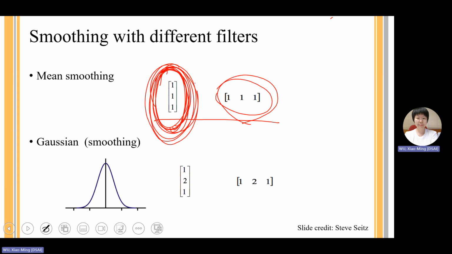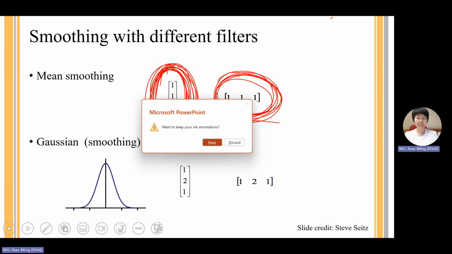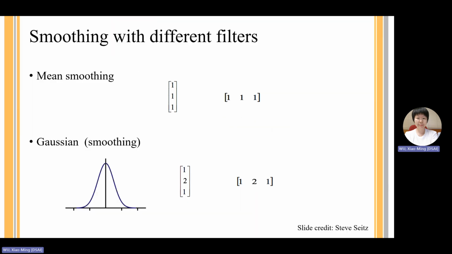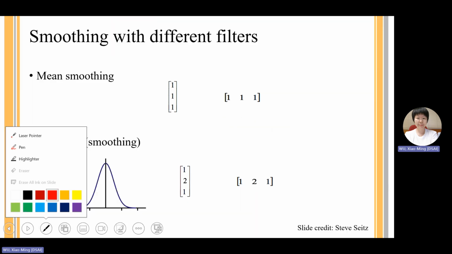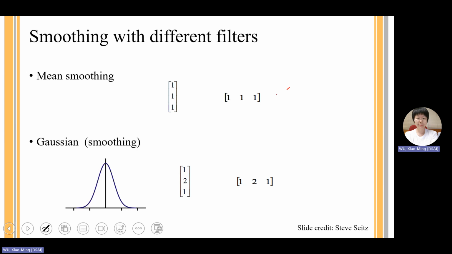You apply this to each column of the image to smooth the image along the vertical direction. And you apply this to each row of the image to smooth each row of the image. And together, this is the result of what?